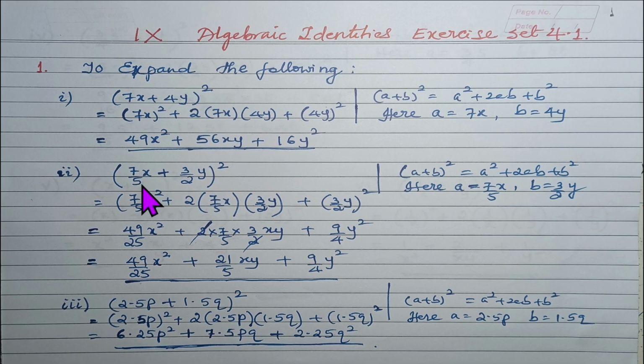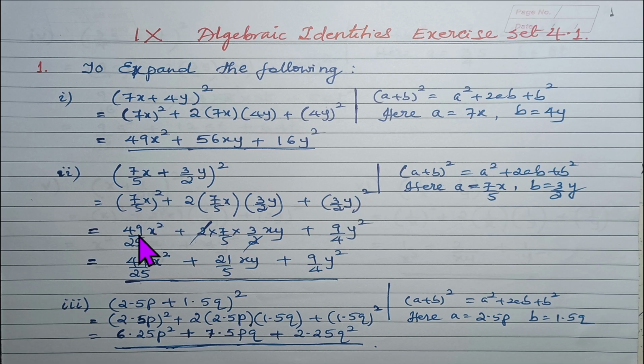Next example is (7 by 5x plus 3 by 2y) whole squared. Again the same identity is used. a is 7 by 5x and b is 3 by 2y. So it will be a squared plus 2ab plus b squared. So a squared is (7 by 5x) whole squared plus 2 times 7 by 5x times 3 by 2y plus (3 by 2y) whole squared.